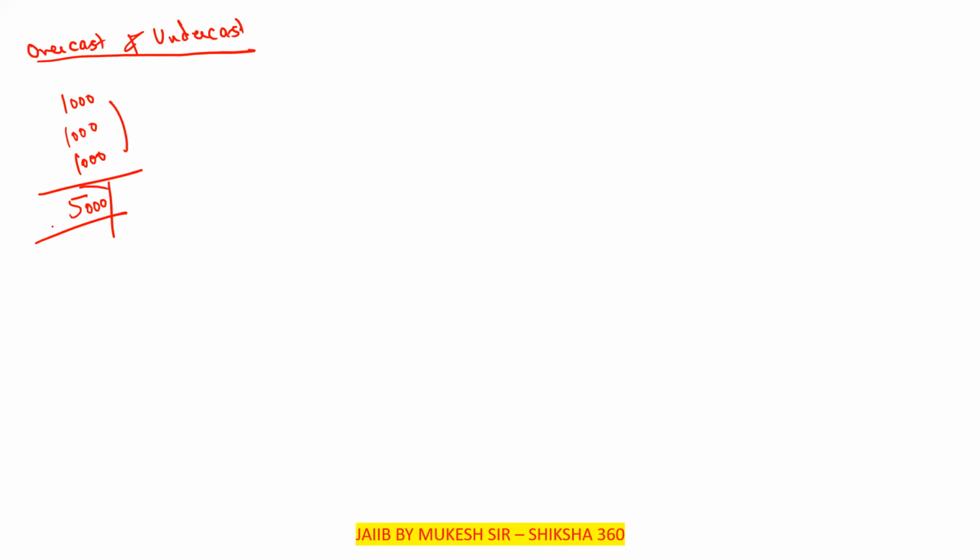Actually it is 3,000, and by mistake I write 5,000. So it is overvalued, and this is represented as overcast.